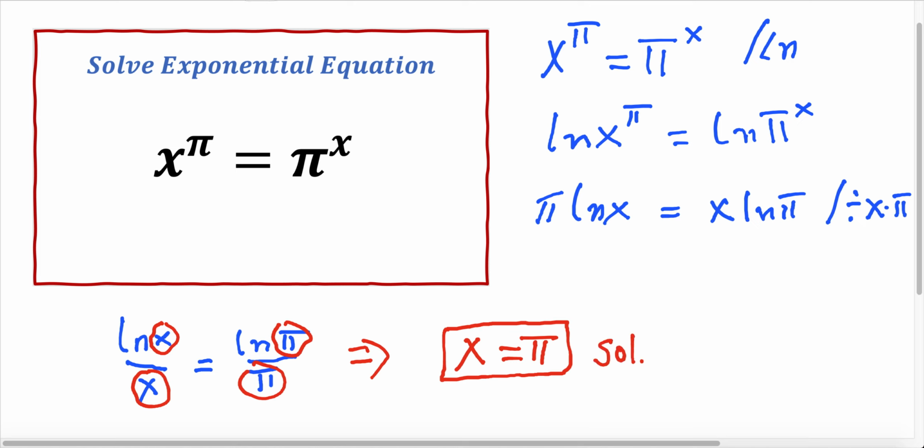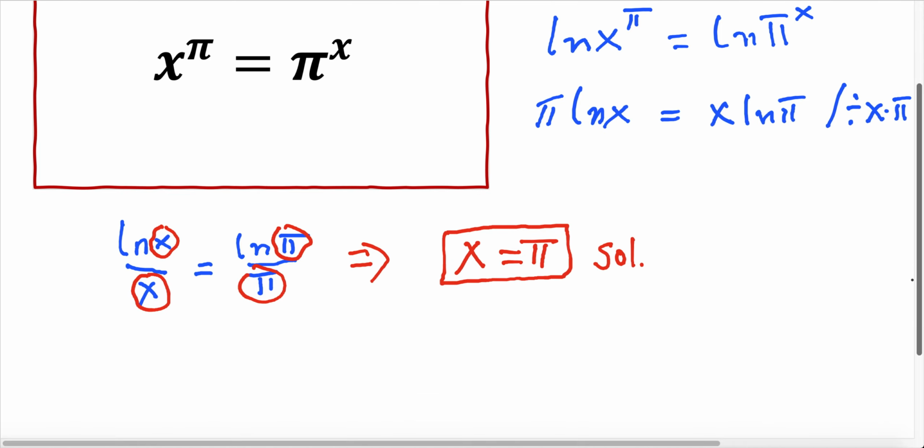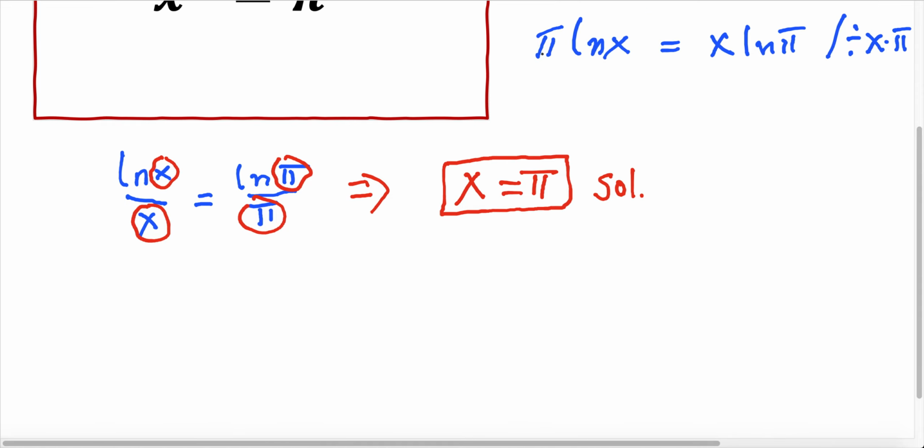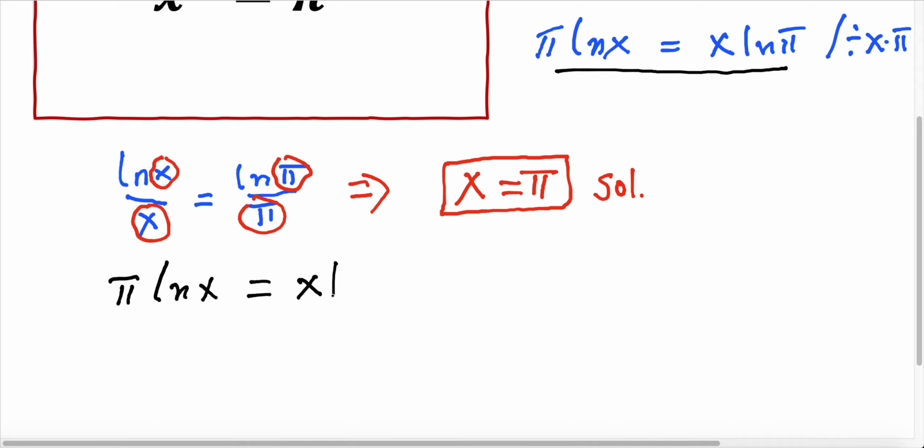And for the other solution, we are trying to use the Lambert function. I'm taking this equation here into consideration. I'm writing pi ln x is equal to x ln pi. And now I'm solving for ln x, so I'm going to divide everything by pi.